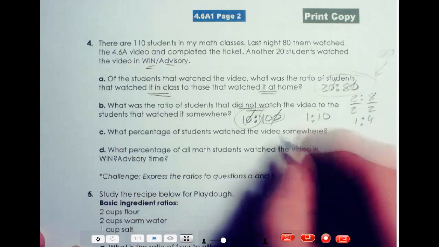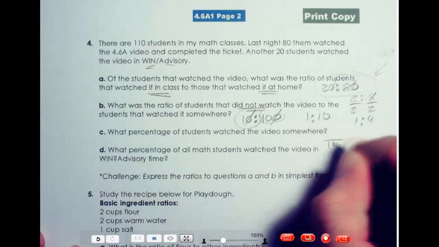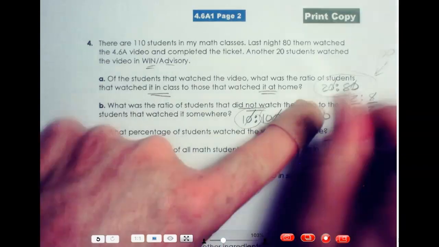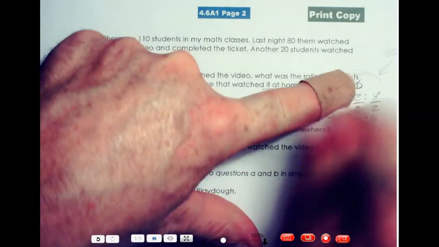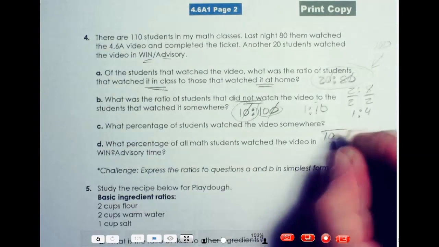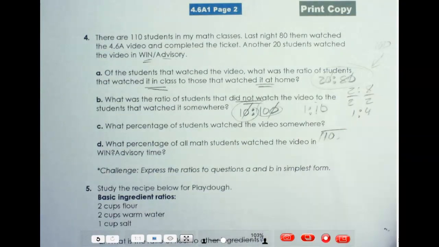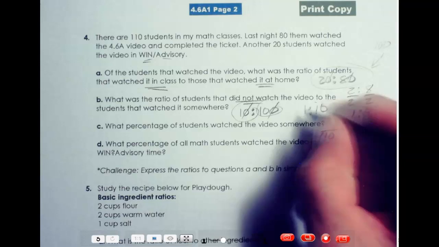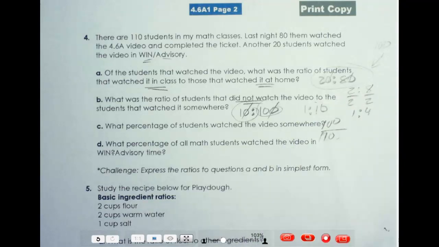Well, we had 110 kids total. Sorry, I wrote my fraction wrong. We had 110 kids total, and 100 of them watched it. This is about average.